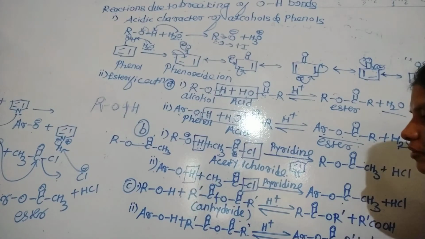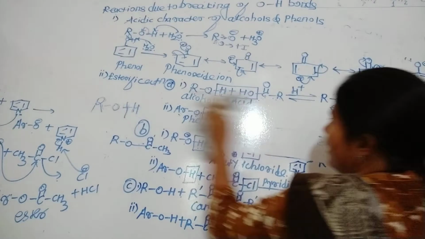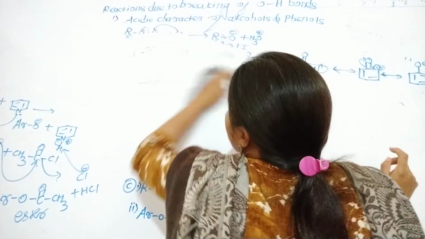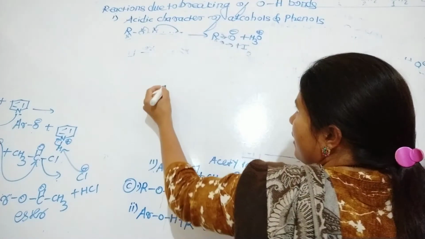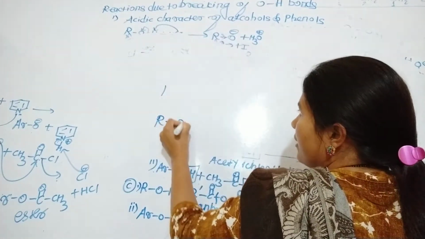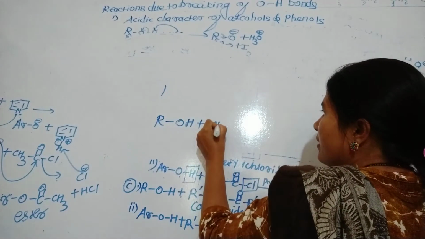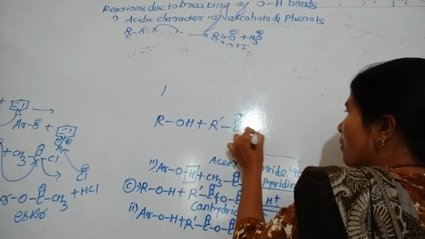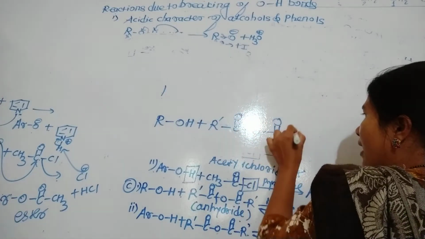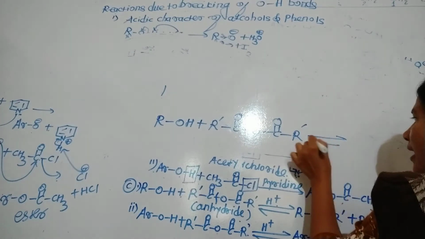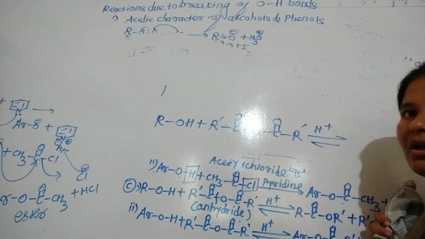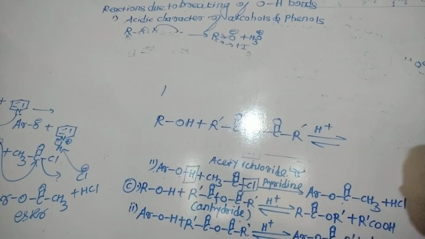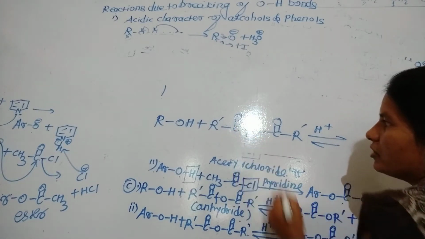Then next you can prepare ester from anhydride. How can you prepare it? It is very simple. You can take alcohol and just add anhydride, in which C double bond O, C double bond O, and R. This reaction is also reversible and takes place in acidic condition. What happened in this case? Simply this carbonyl and oxygen bond gets broken.